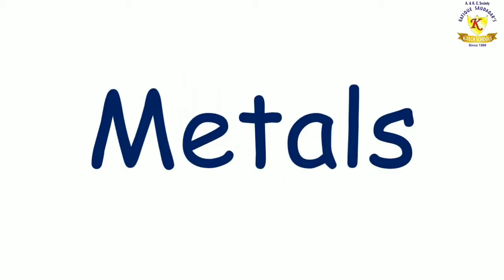All the objects or materials in the world are made from elements, compounds, or their mixtures. Scientists classified all the elements into three general types, which are metals, non-metals, and metalloids.